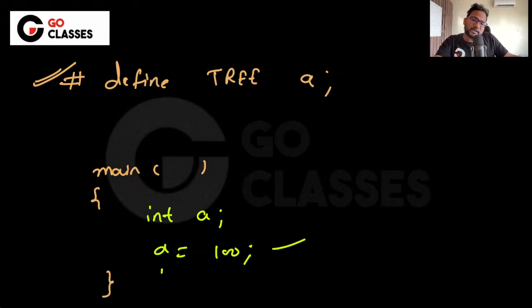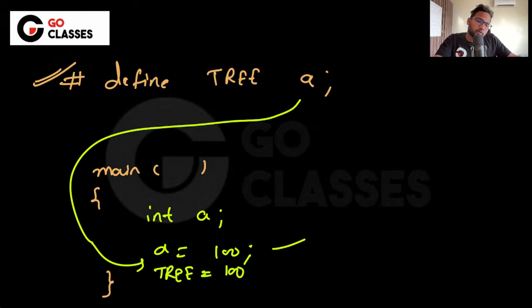Instead of that, if I say tree equal to 100, tree is nothing but a, right? So if I define hash define tree as a variable name, then I can even use it on the left. So in this case, tree can also be hash defined, or not.